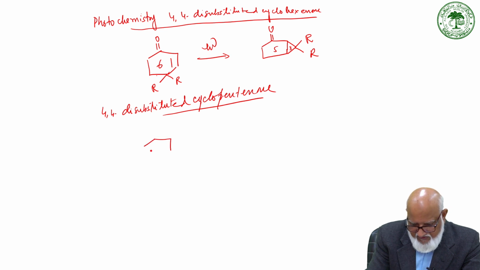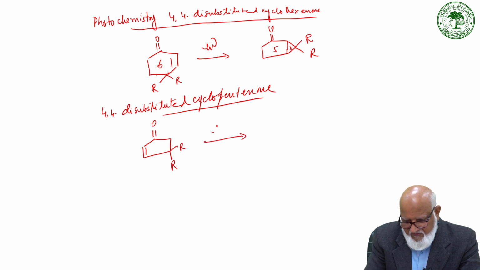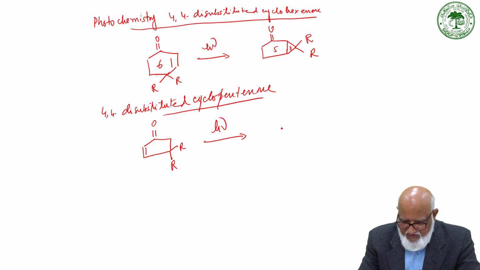That's what we would like to see in this case. So you have a disubstituted, maybe alkyl group, under photolytic condition. It goes first to, of course, a diradical.